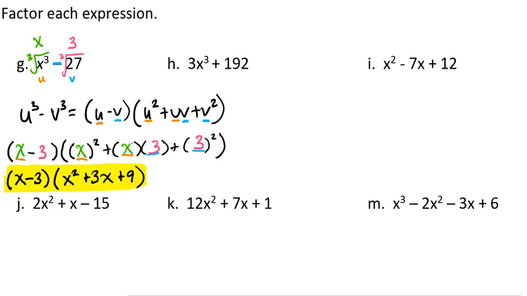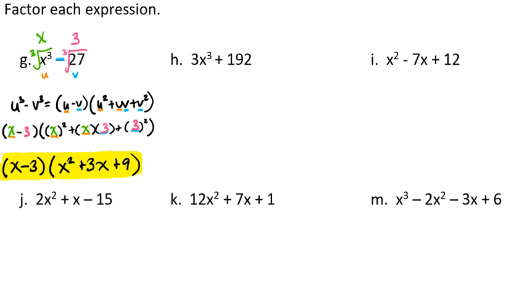Let's take a look at our next problem. Here we have 3x to the third plus 192. Because 3 isn't a perfect cube, we're going to try and see if we can take out a common factor of 3 here and see what that gives us.